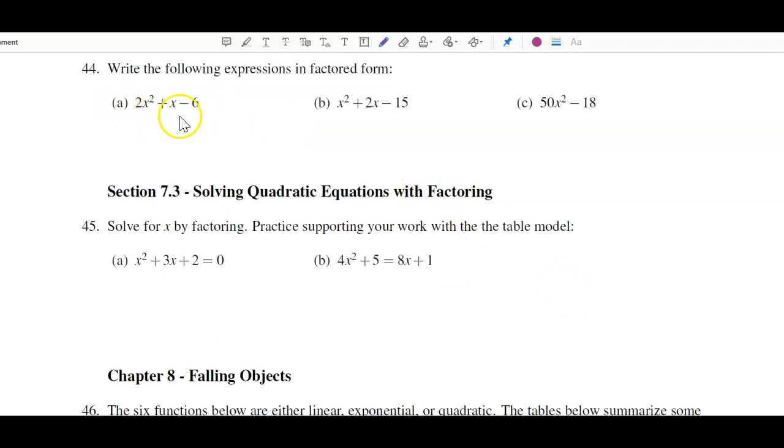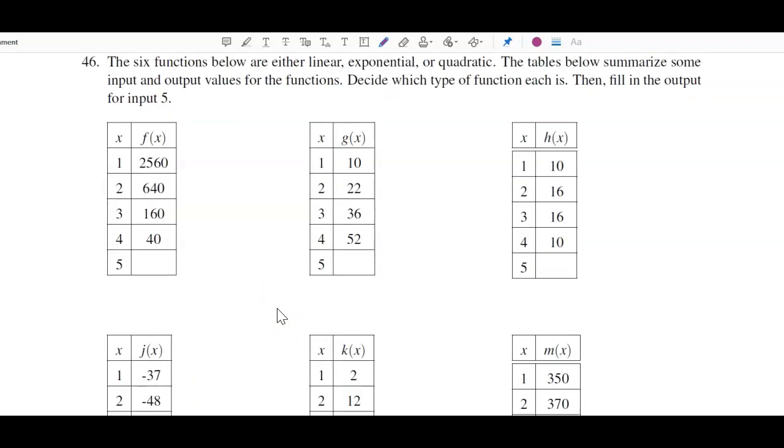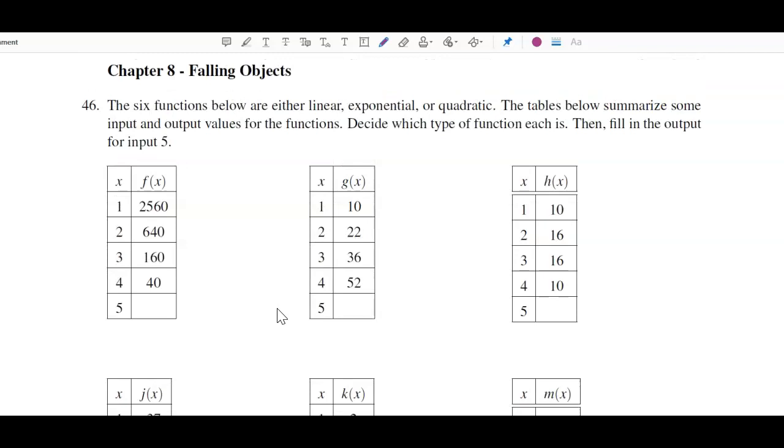Make sure you're remembering how to do factoring and solving by factoring. Okay. And then also make sure you know you can tell if something is linear, exponential, or quadratic by looking at a table of values here. So if we look at just a couple of these, it looks like this one's adding 12, adding 14, adding 16.